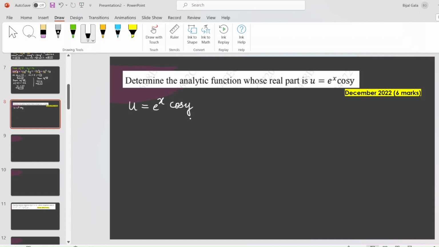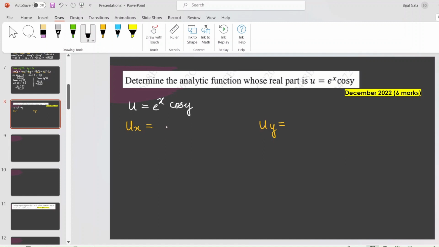Again, the concept of Cauchy-Riemann is going to come into picture. So I will have to calculate ux and uy. As before, ux will be the partial derivative with respect to x and uy will be the partial derivative with respect to y. While calculating ux, x will be the variable, everything else will be constant.